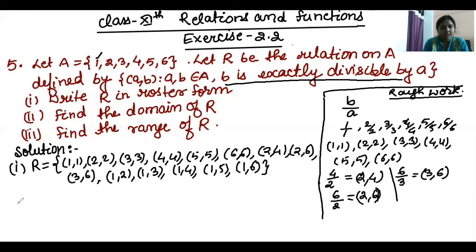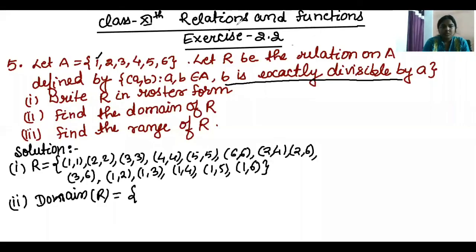Now second, we have to write the domain of R. We know the domain is all first coordinates of elements of R. So the domain will be 1, 2, 3, 4, 5, 6. Again here 2, then 3, but we know that a set will not repeat any element.